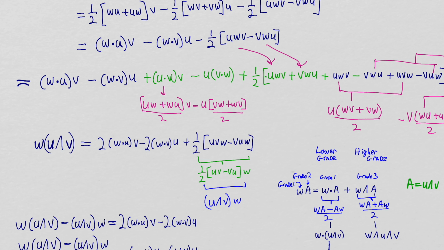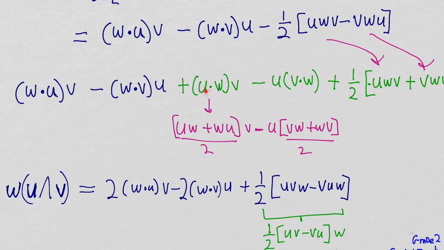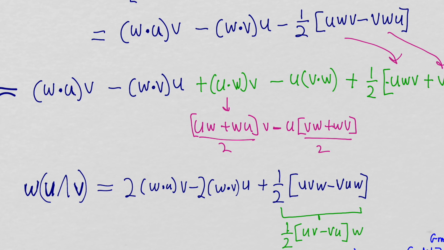So now, it turns out it's exactly the same as these two guys, because W dot U times V is U dot W times V, because this dot product commutes. And W dot V U is U V dot W, because this commutes and the real number commutes.